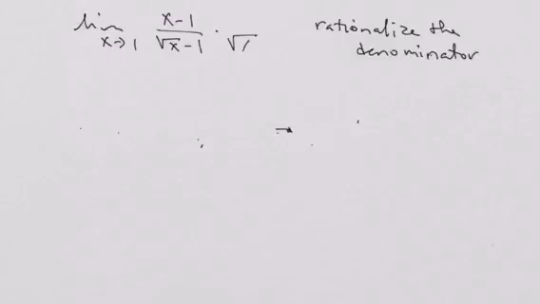Sometimes in calculus what we want to do is rationalize the denominator. I'll write that out. To do that here, what we would do is multiply the denominator by the square root of x plus 1.